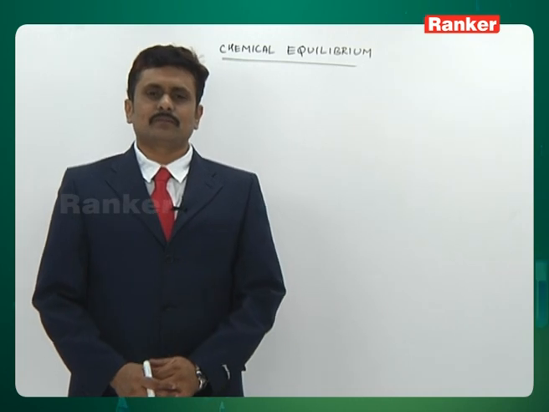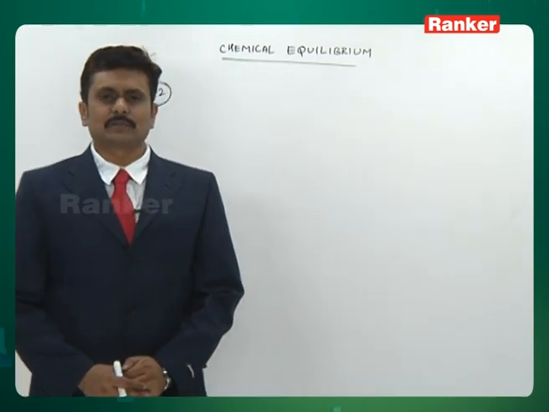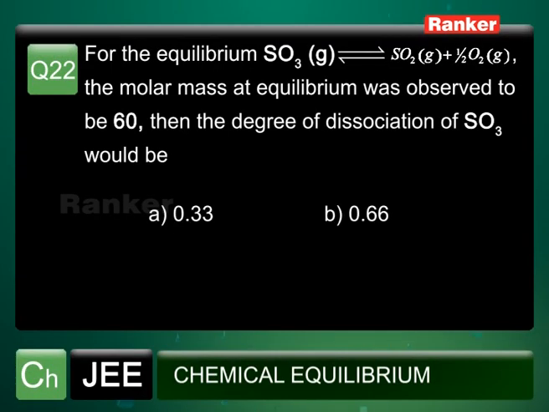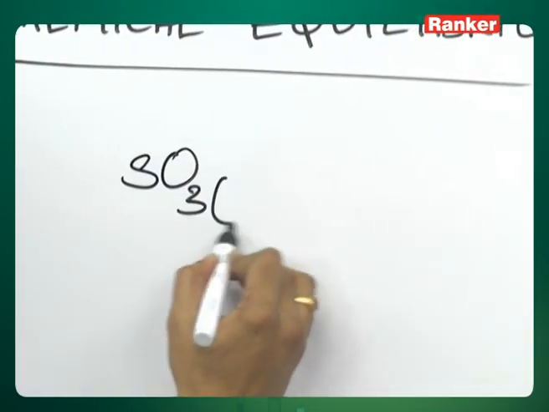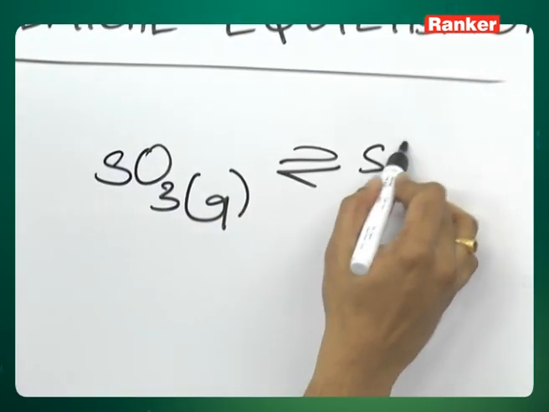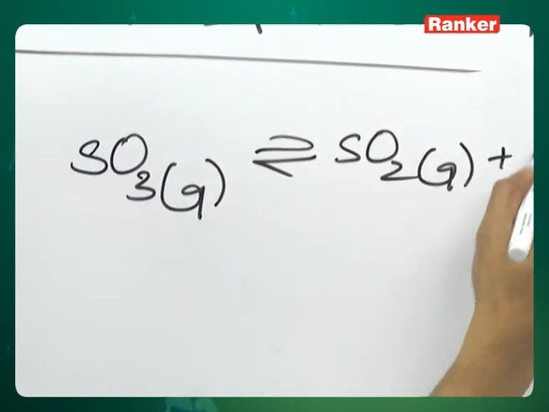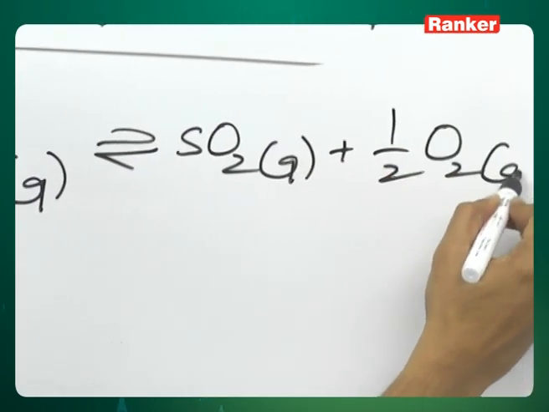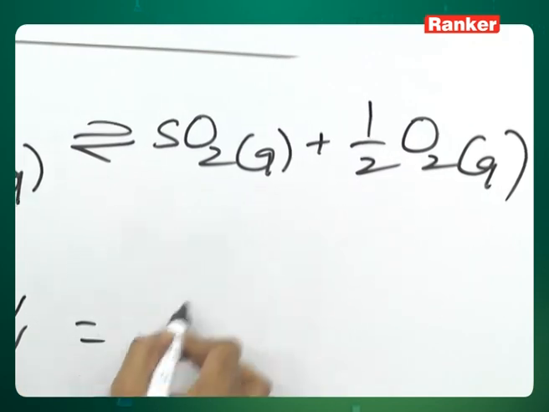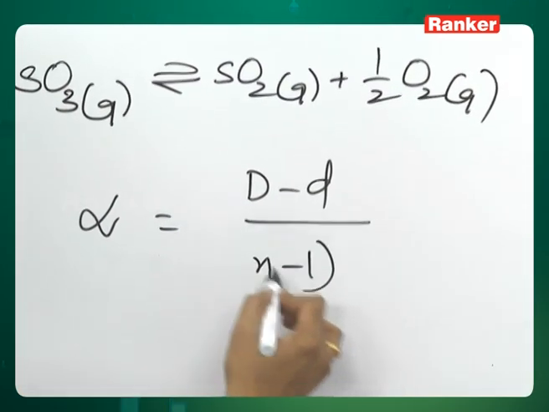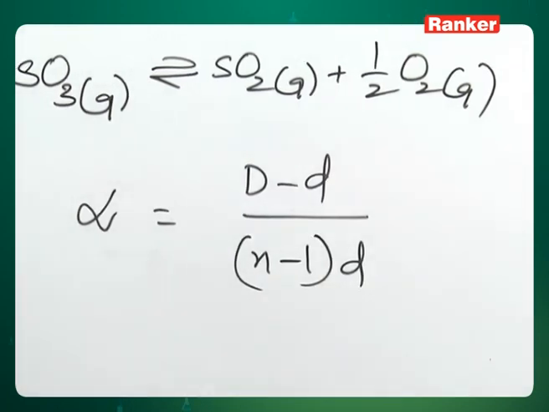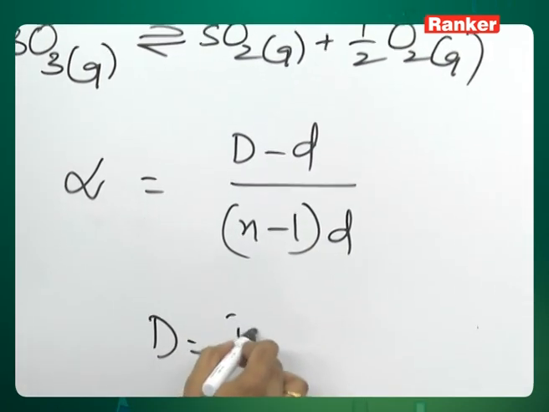We have the equilibrium of dissociation of SO3. The molar mass at equilibrium was given to be 60. Then the degree of dissociation of SO3 is asked. Now when I take the dissociation of SO3 into SO2 and O2, we know the relationship between degree of dissociation and vapor density as this, where capital D is the initial vapor density.